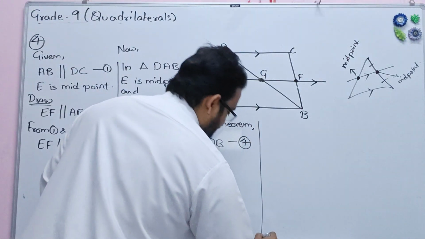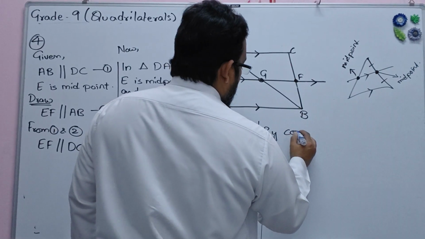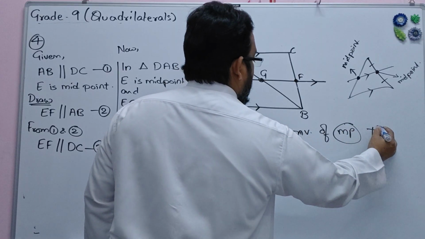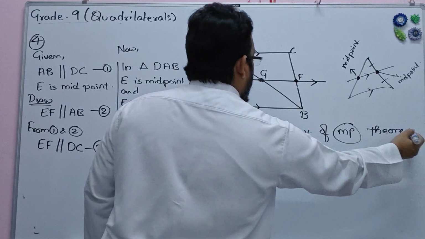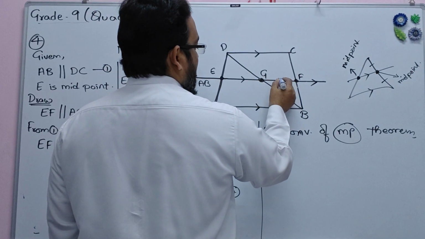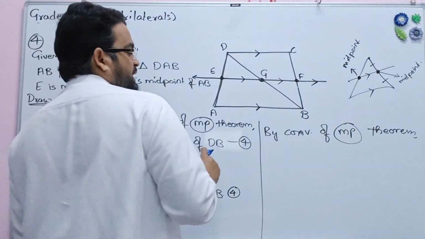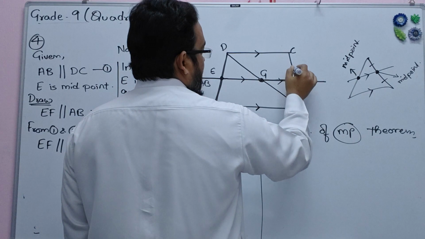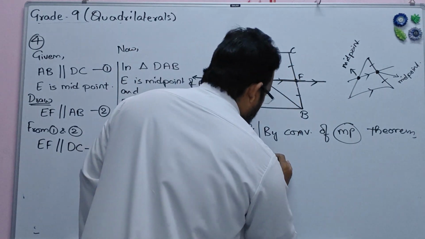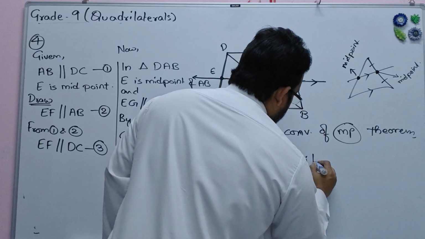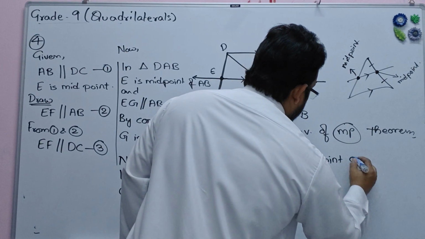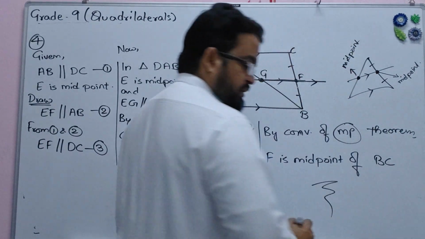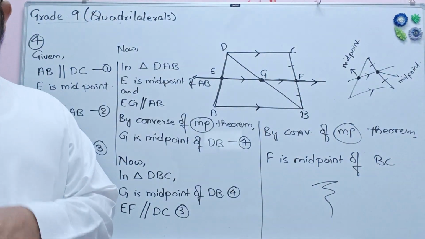So what will you write? By converse of midpoint theorem, this is midpoint and this is parallel to DC. So what happens by converse of midpoint theorem? It bisects the third side. That means BF is equal to CF. That means F is midpoint of BC. This is what you have to prove. Is it right, my dear students?